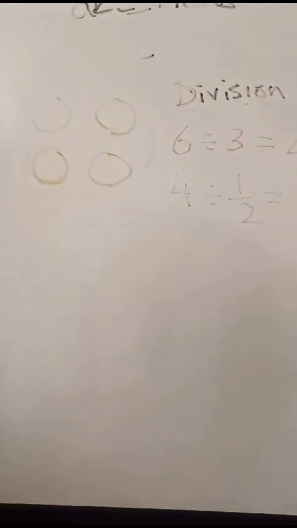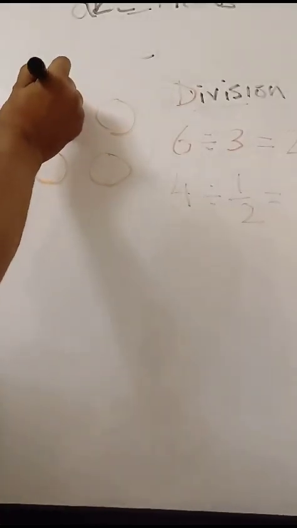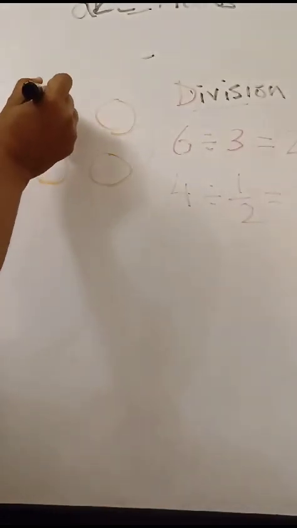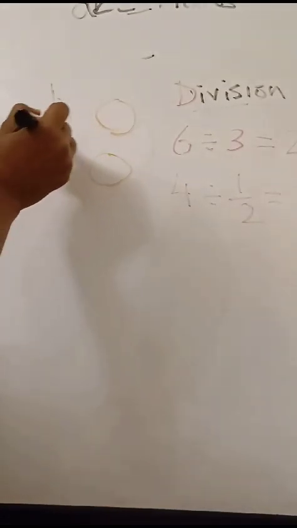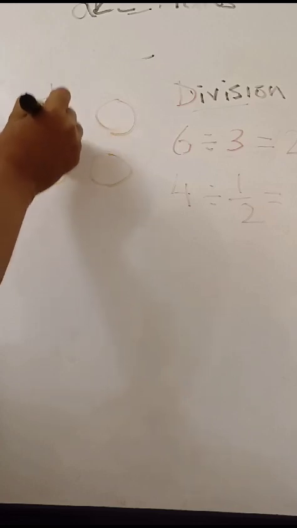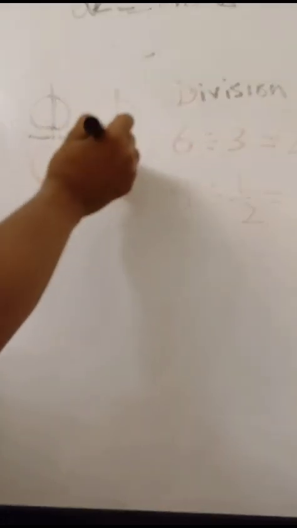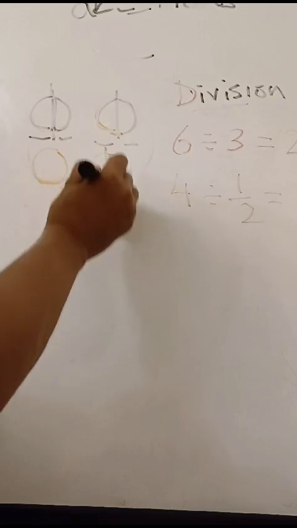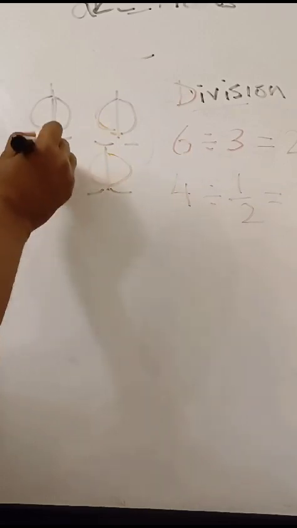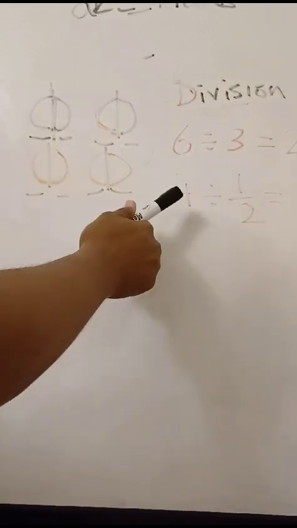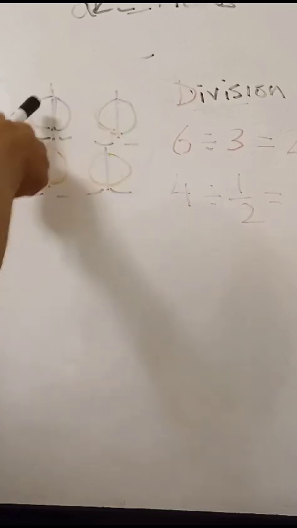Each group has half a pizza. So the first one will divide it into 2. So this is the first group, which has half. This is the second group, which has half a pizza. This is the third one, will have half a pizza, and the fourth, same here, and the same here. So we divided each one of them into 2 halves.